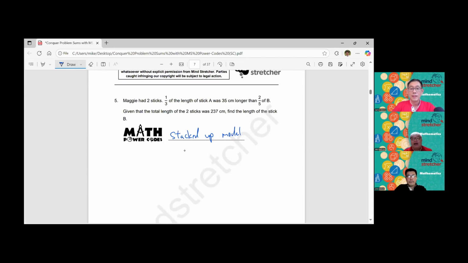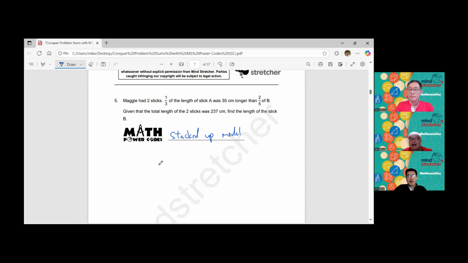I think for most of you here, you should be quite familiar with what a stack up model power code is. And if I'm not wrong, stack up model, you should have done it before, most likely in P4 onwards. Did any one of you manage to solve this question already? Question 5. If you have, maybe you can type in the answer first. Then we can take a look.